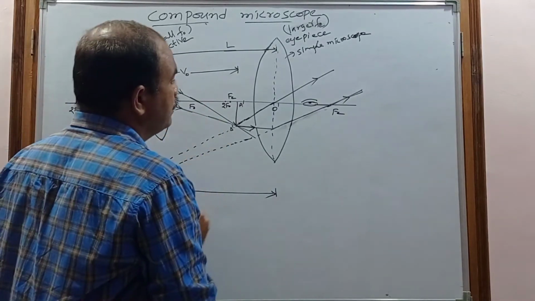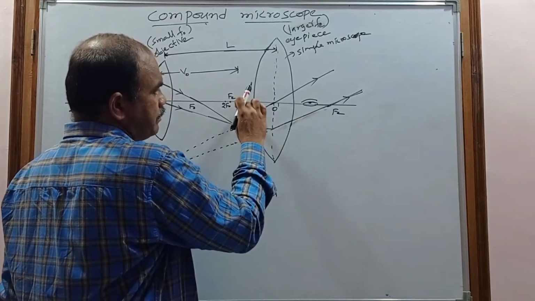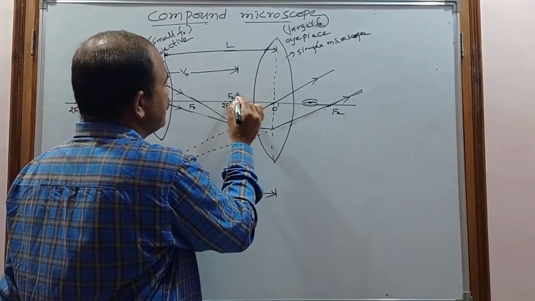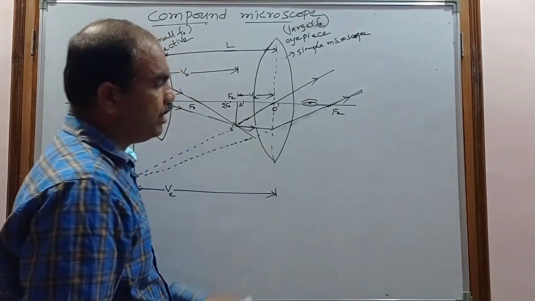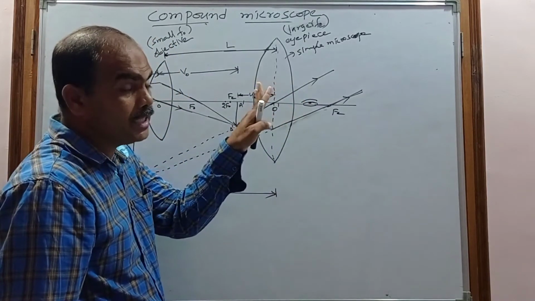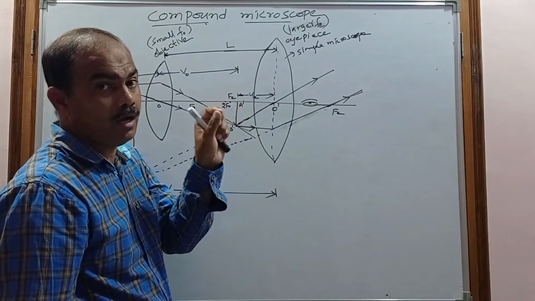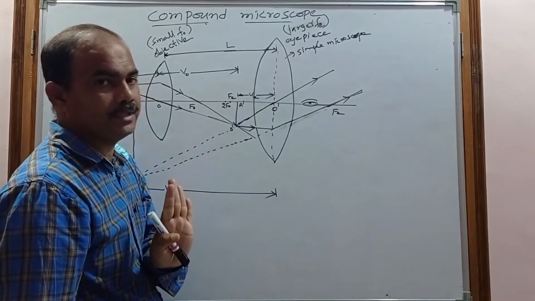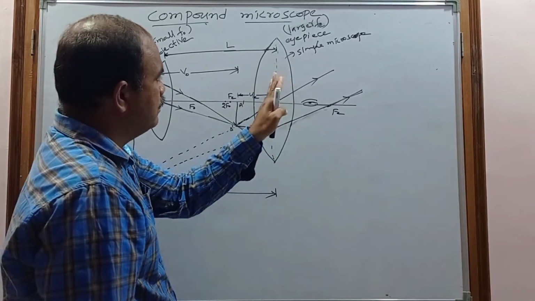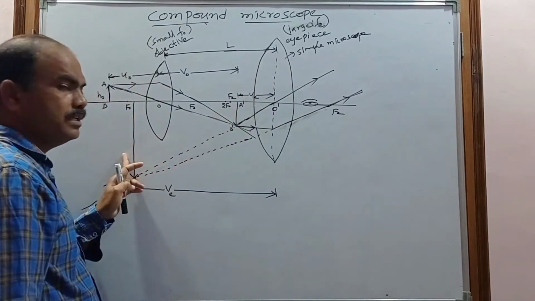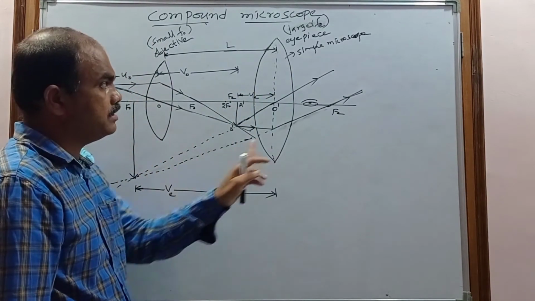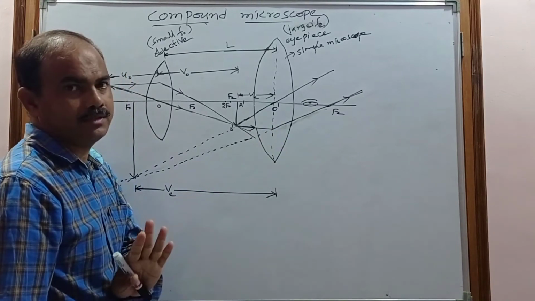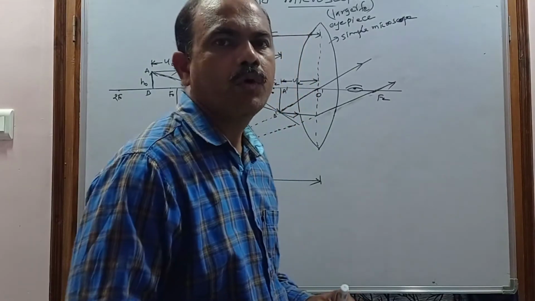Now for the eyepiece, which is the object? A dash B dash. So this is called the object distance for the eyepiece. The eyepiece forms the image here, so this is called the image distance for the eyepiece.